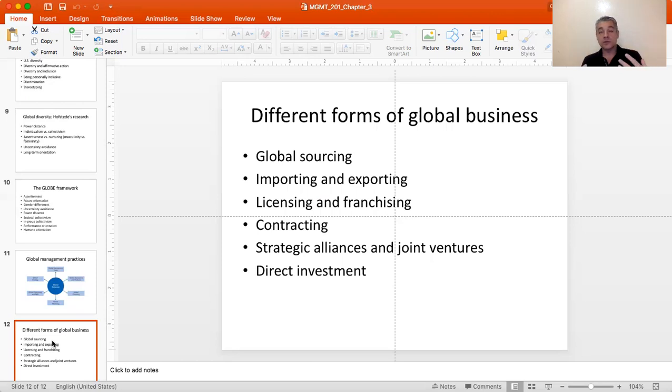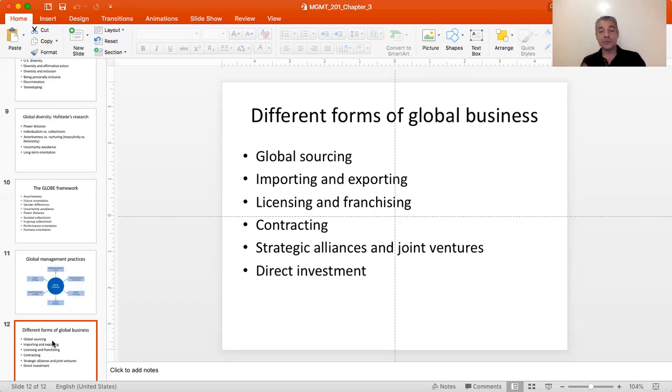So sourcing components, inputs globally is almost expected. Right? It's almost impossible now to find something that is purely US made by US workers using US inputs. So that is sort of the lowest of the low.